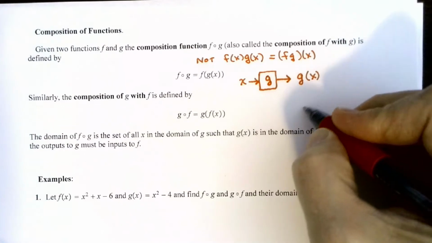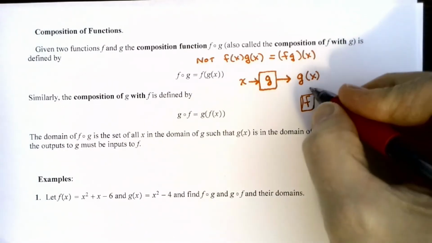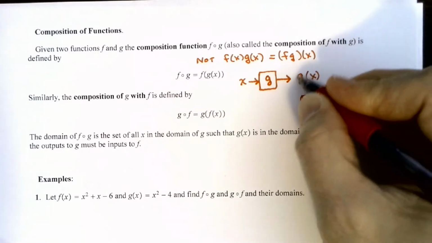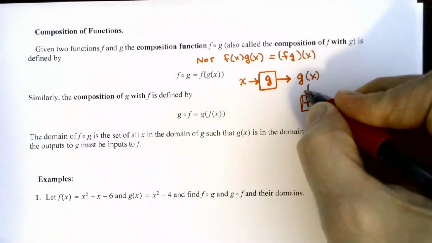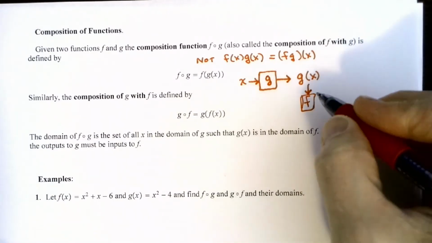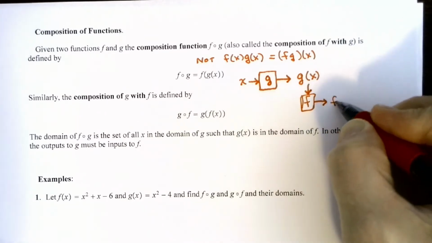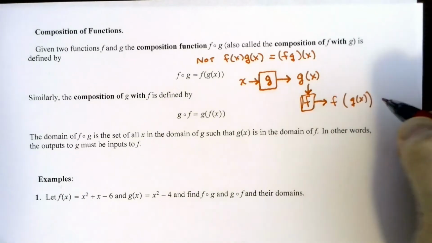Well, what we're now going to do is take the second function f, and we're going to take the output g of x, which is the dependent variable of the function g, and it's going to be the input to the function f now, the independent variable for the function f. And so what's going to come out? Well, f of what went in, g of x. And so there's the composition.